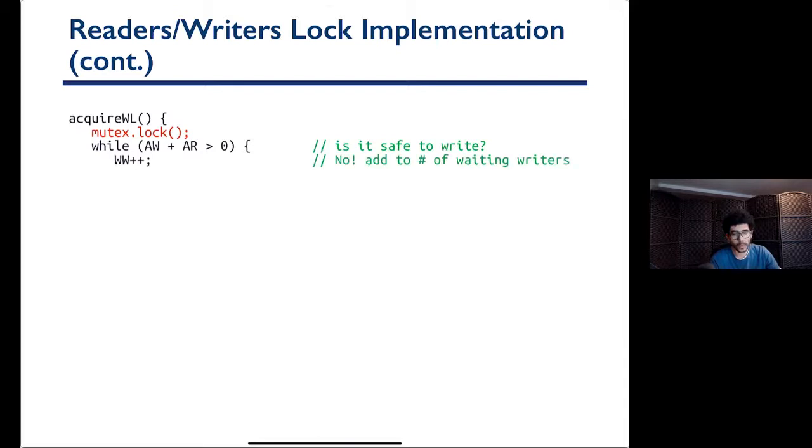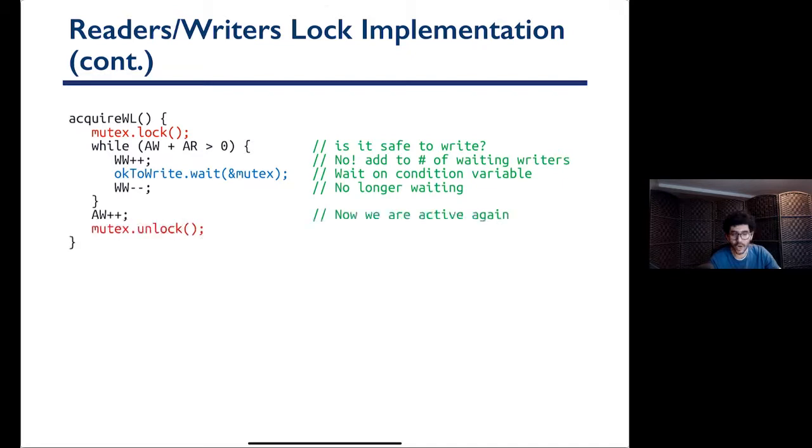So then I become a waiting writer and I call OK to write dot wait. Once I wake up, I probably have received the signal, so I'm no longer a waiting writer. I check again to see if everything works. If this check doesn't fail, then I become an active writer. So active writer plus plus, and then I release the mutex.